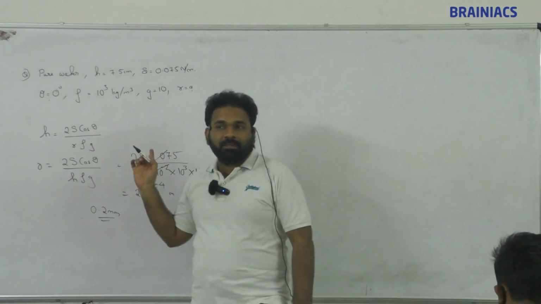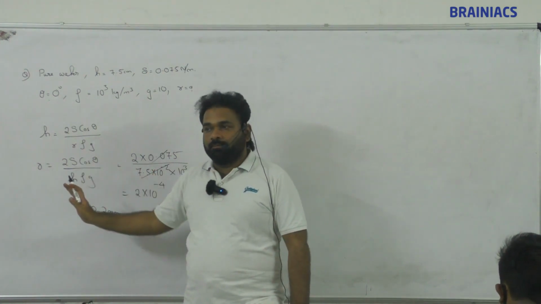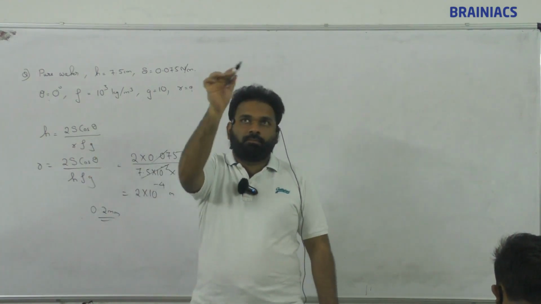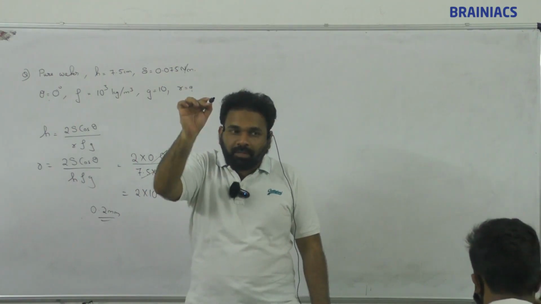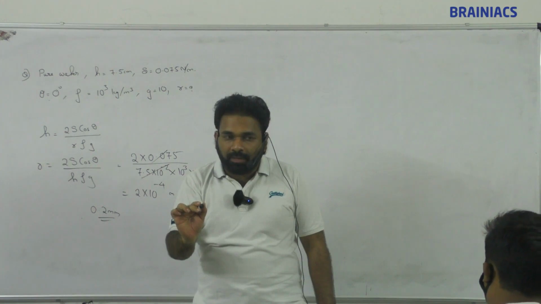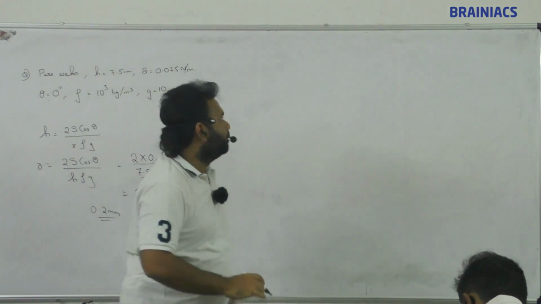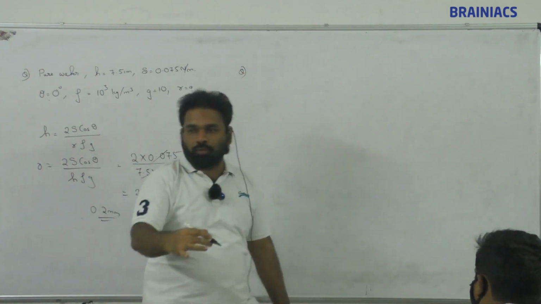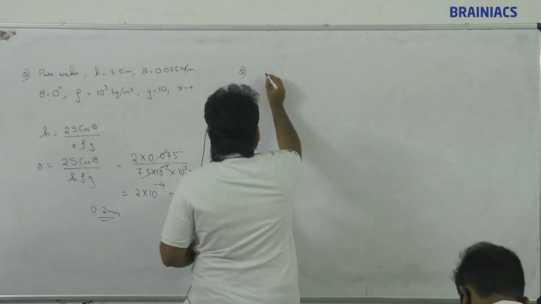This derivation, this understanding was important. That is why I have shown it like that. Clear? That was important. P naught minus 2s by r, P naught minus 2s by r plus h rho g. Understood?